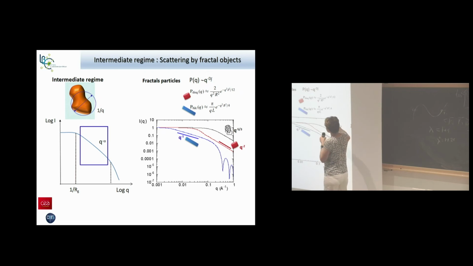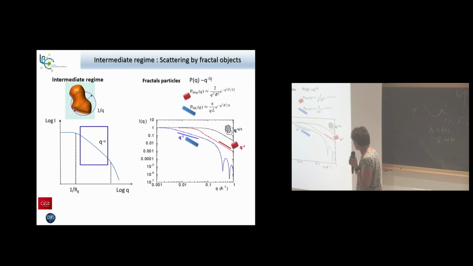So in the intermediate Q range, the form factor of a disk has this equation, and here is the log-log plot of the intensity versus Q. You see it for polymer, for disk, and for a finite rod. We will see there are some oscillations, but there is a huge range where the variation has a fractal dependence.